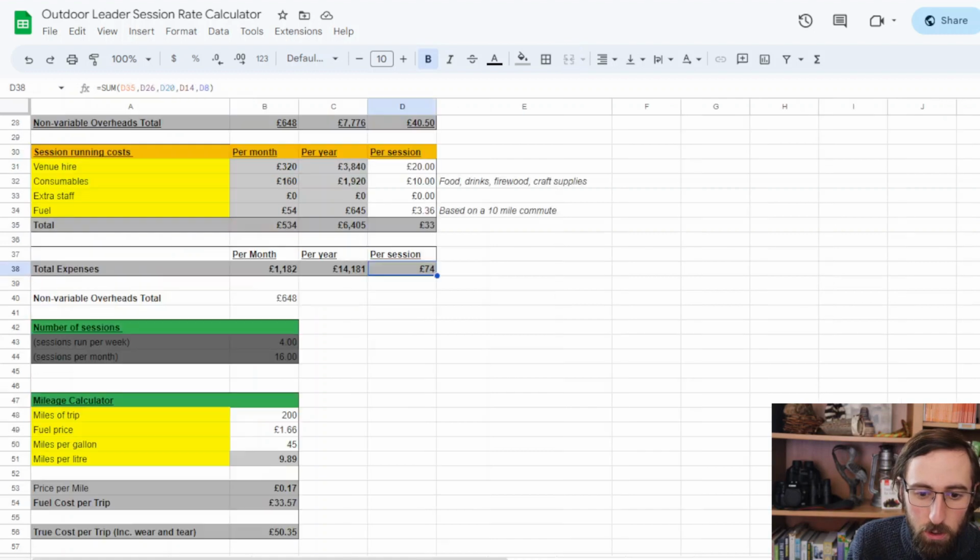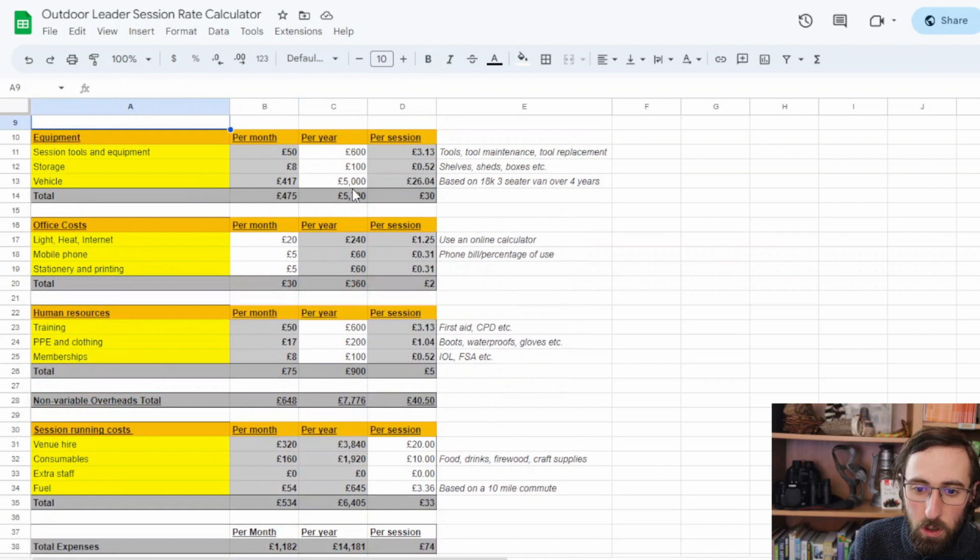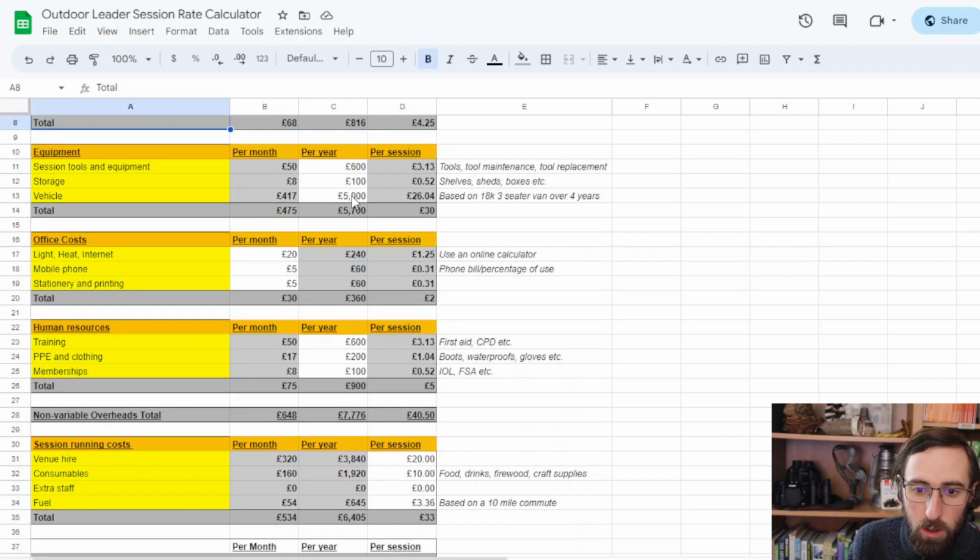Now, of course, we can drop the expenses. We can say, okay, we've already got the van paid off. Let's go back over here. If we drop the vehicle off, go, yep, it's all paid for, or I'm just using the family car, then if I'm just going to use and reuse as much equipment as I can, and only spend £300 a year on it, and you know what, I don't really need that membership, and you know what, cheap little clothing will do for me.